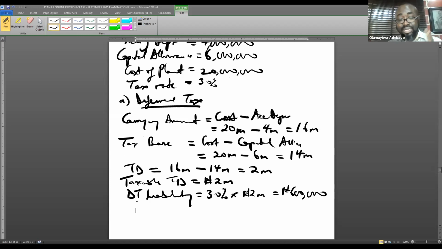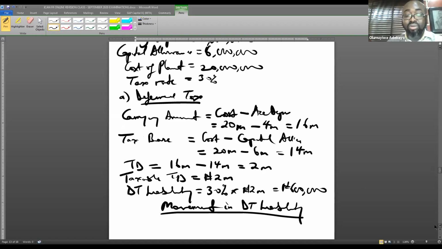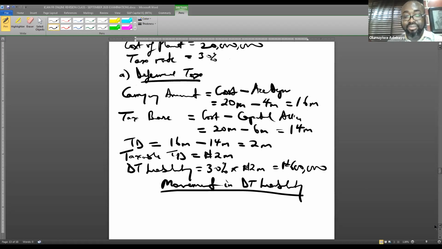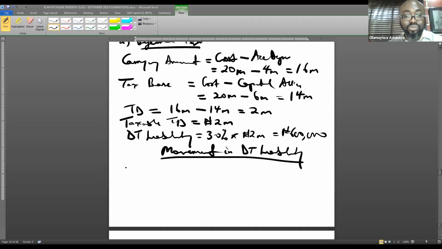Now, this is my liability at the end of the year. But remember, what I wanted is the movement in my deferred tax liability. We did that in earlier examples today. How do you do that? I compare my opening balance with my closing balance. What is the opening balance?